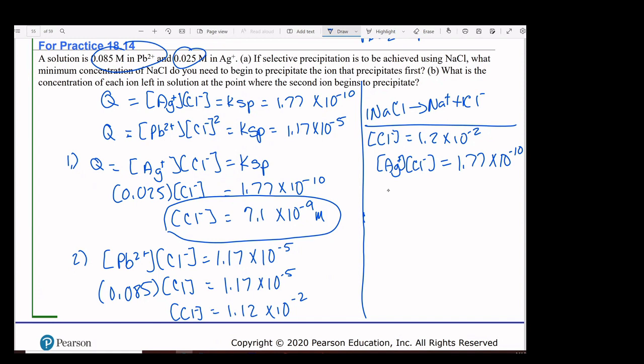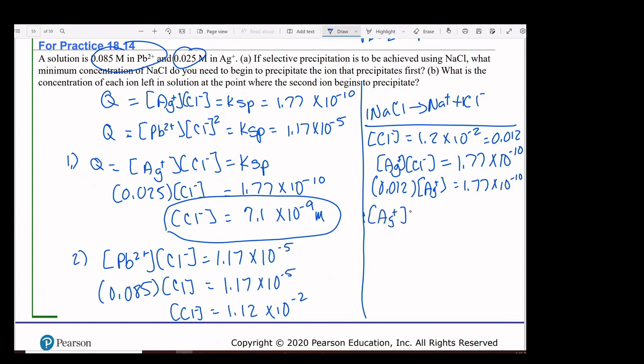Okay, and the chloride at that point is 0.012, right? So I can say 0.012 times the silver concentration equals 1.77 times 10 to minus 10. So my silver ion concentration at that point is 1.5 times 10 to the minus 8. Okay, so the silver ion is 1.5 times 10 to the minus 8 at that point.